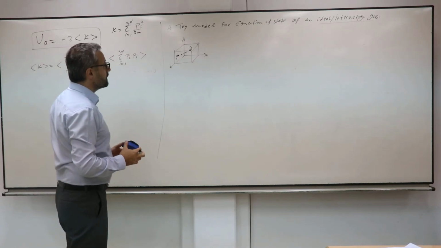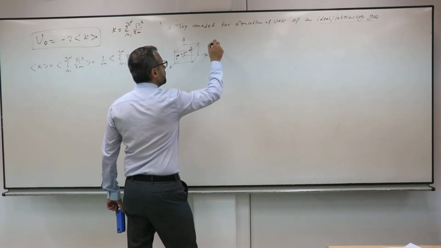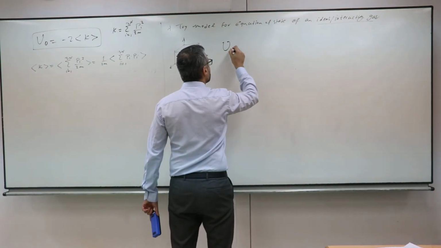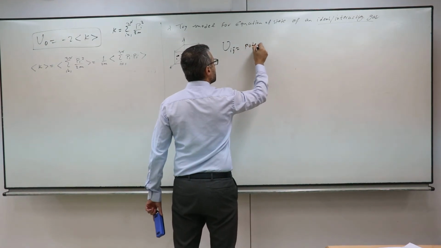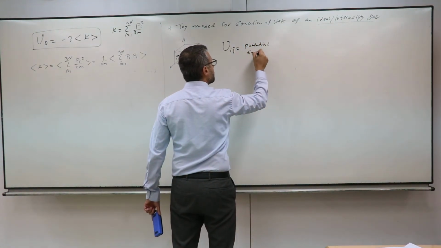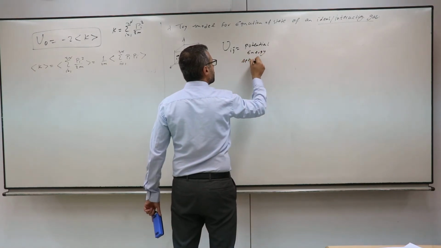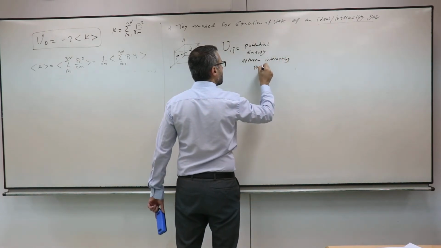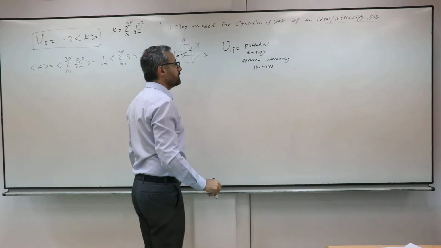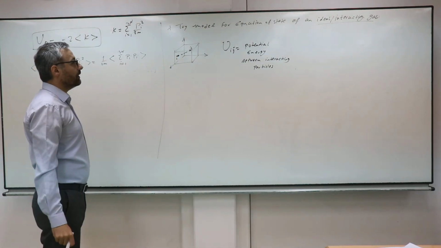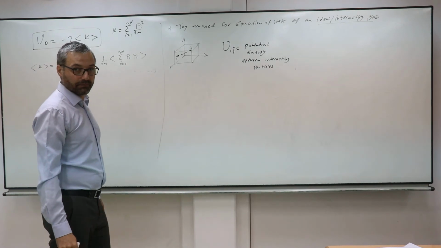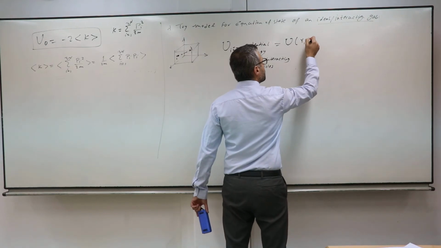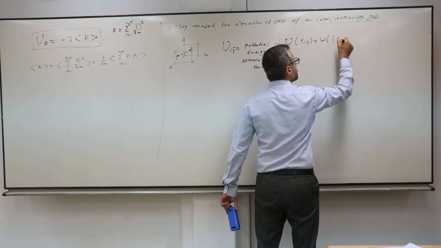The main idea is that the interaction between the particles, you can call this potential U or V anyway. U_ij is the potential energy between interacting particles. The idea is that the potential energy between interacting particles should be a function of the distance between them, only the function of the distance. So it will be U as a function of R_ij, U as a function of R_j minus R_i.